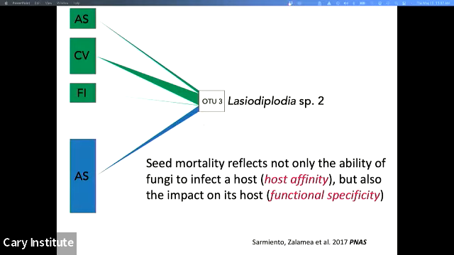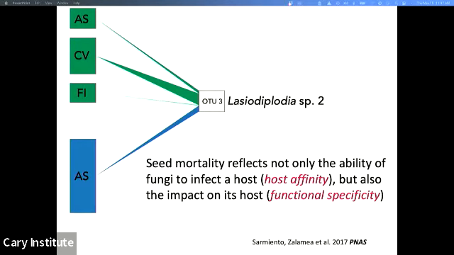Let me show that result with a particular example from our data set. We have here this species of Lasiodiplodia that was able to colonize 3 species. Remember, we have 9 species in the data set, and this species of Lasiodiplodia was only able to colonize 3 of those 9 species, and that's why plant species ID is really important in explaining those seed-associated fungal communities.